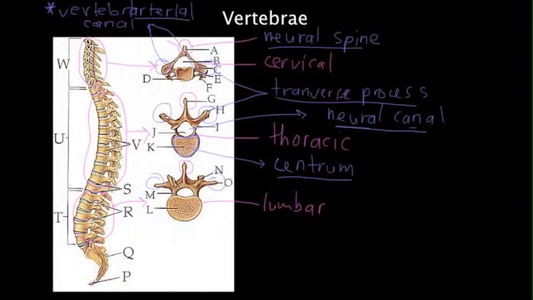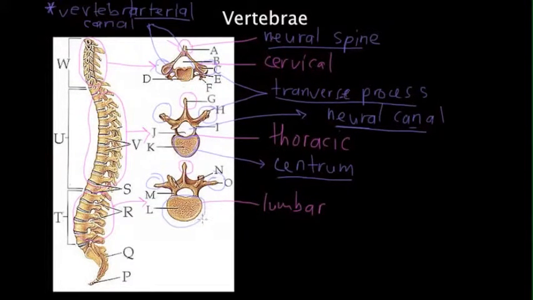Okay, and then both of the transverse processes are actually pointing upwards, isn't it? This one is pointing downwards, this one is pointing sideways. So thoracic's transverse processes are pointing upwards. All right, next thing is lumbar. For lumbar, this is also easy for you to identify based on the characteristic of the centrum.